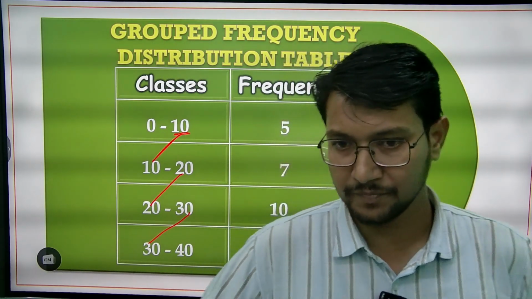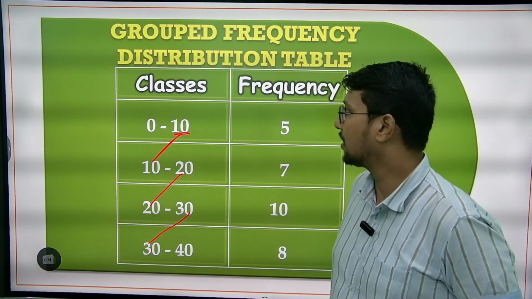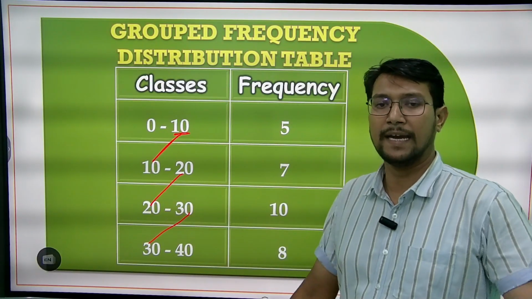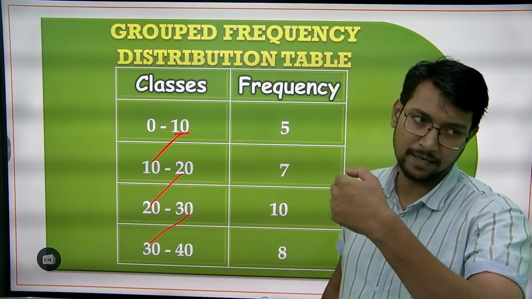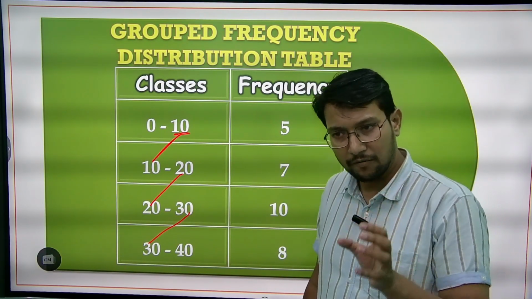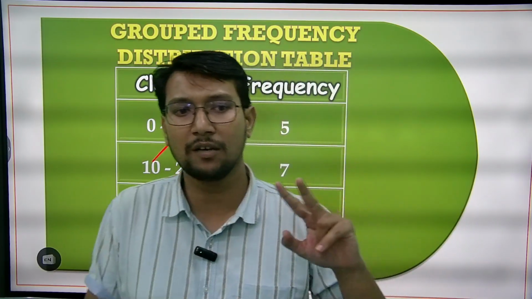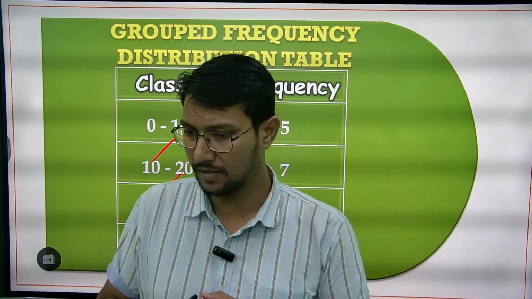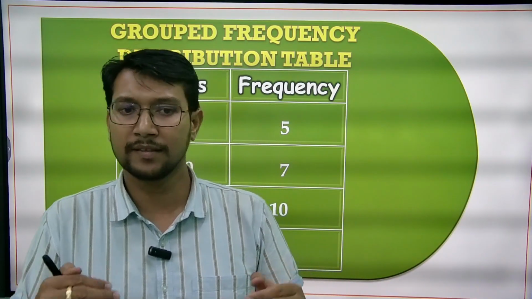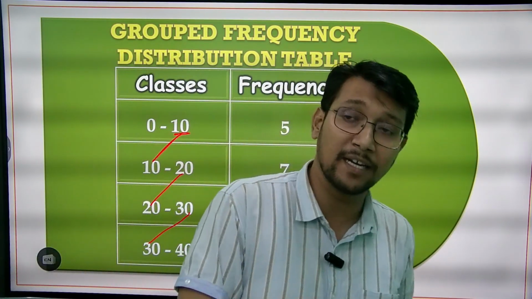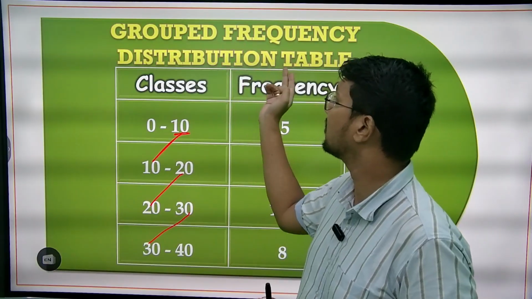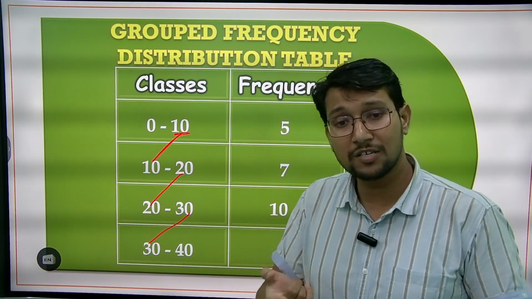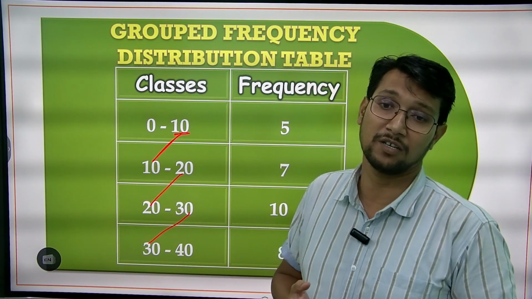Am I clear? So whenever you will get a grouped frequency distribution table, you can identify the classes and frequency, and from every class you will get two things. One is a lower class limit, second one is upper class limit. Got it everyone? Then after you can also identify from the grouped frequency distribution table whether it is continuous or discontinuous.